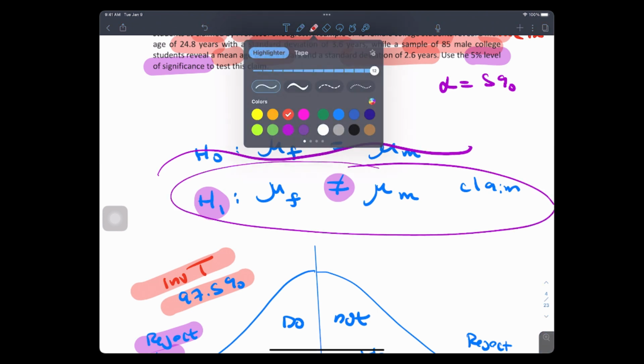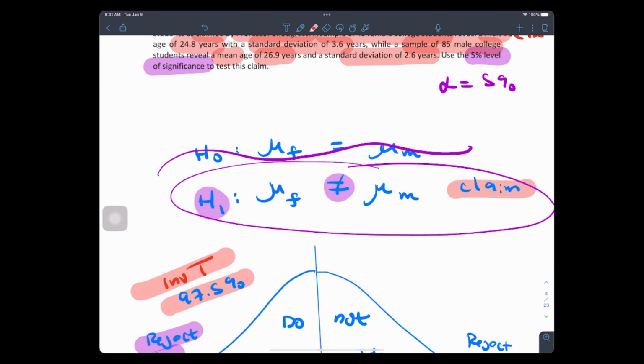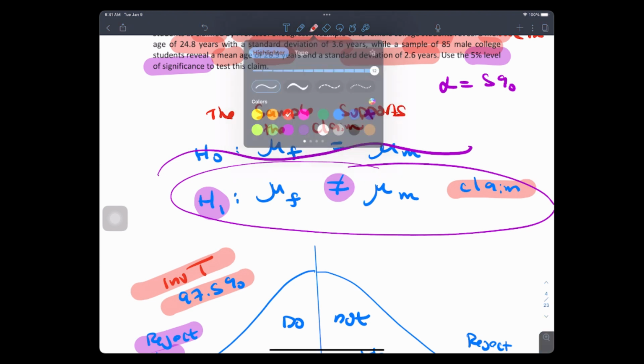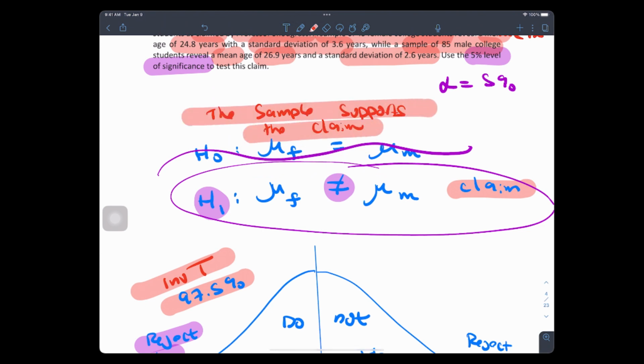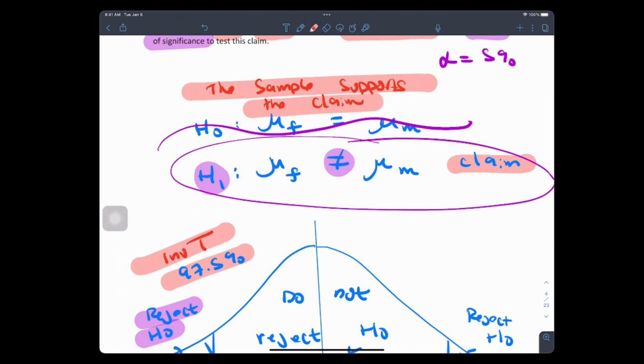The alternate, which happens to be the claim. So what do you say? Sample supports the claim. Nice. Sample supports the claim.